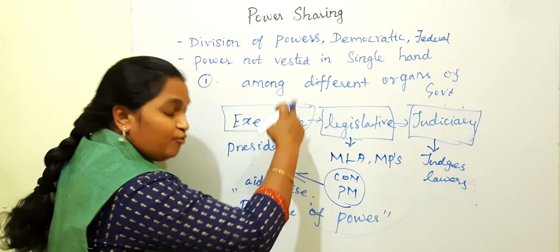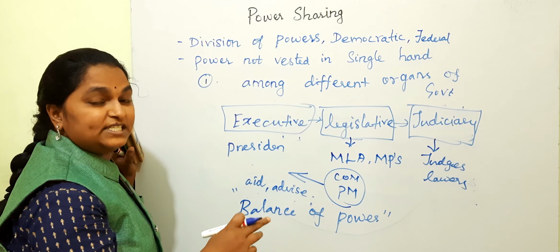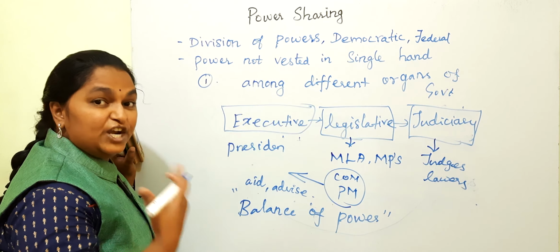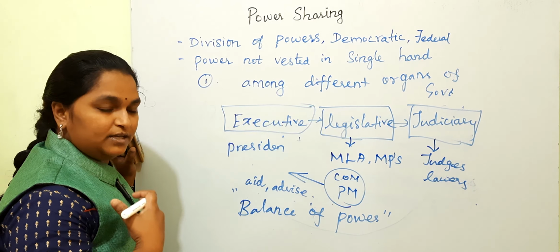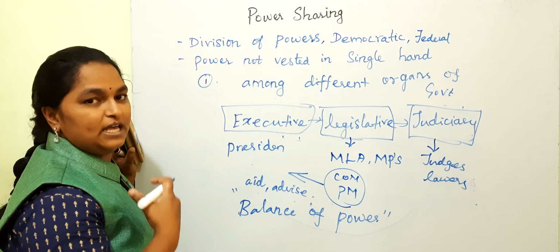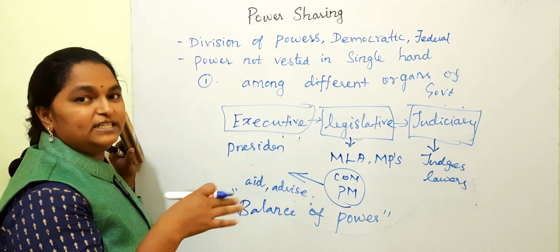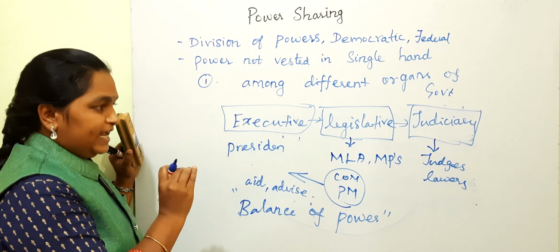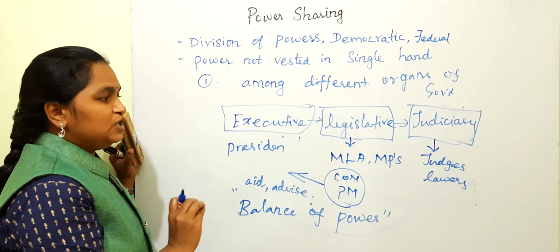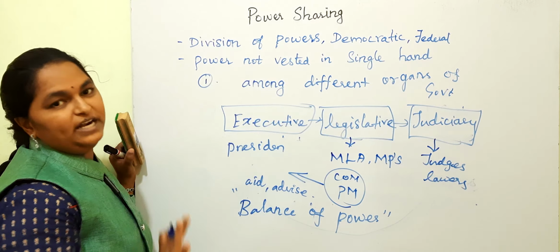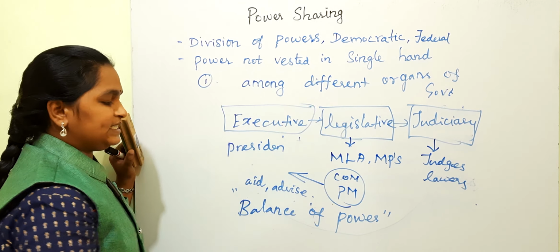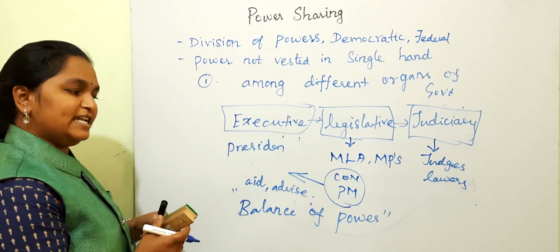They will cross-check one another, so they cannot exercise unnecessary and more power. They cannot go beyond their limit. So they can exercise only their limited power. This is very good for a democratic country. This is called the balance of powers, checks and balance of powers.